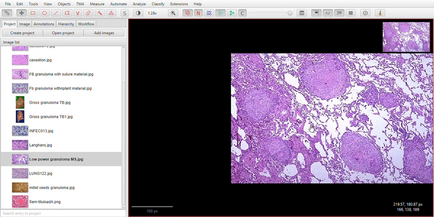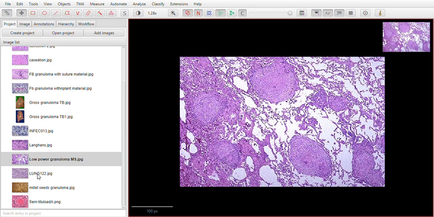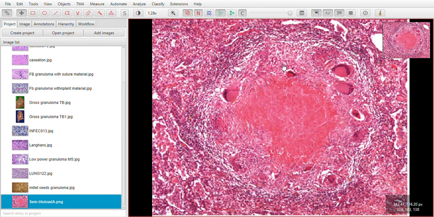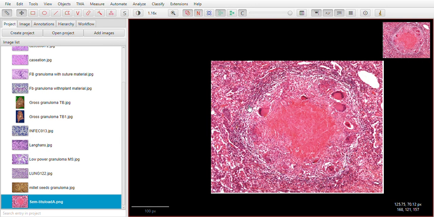When you go for a closer look at higher magnification, a granuloma may appear like this. It is a confined area, first of all. It is bounded by a fibroblastic rim and a rim of lymphocytes surrounding the whole area.